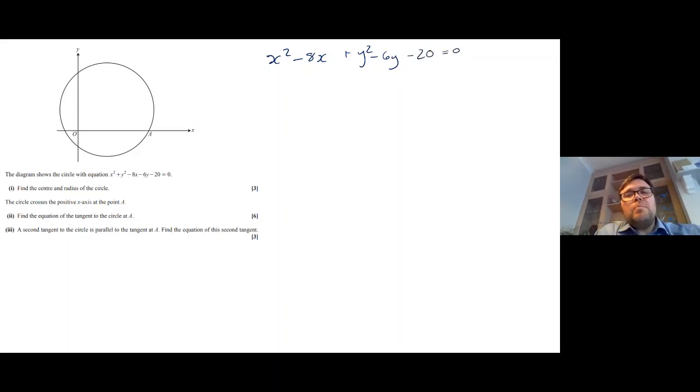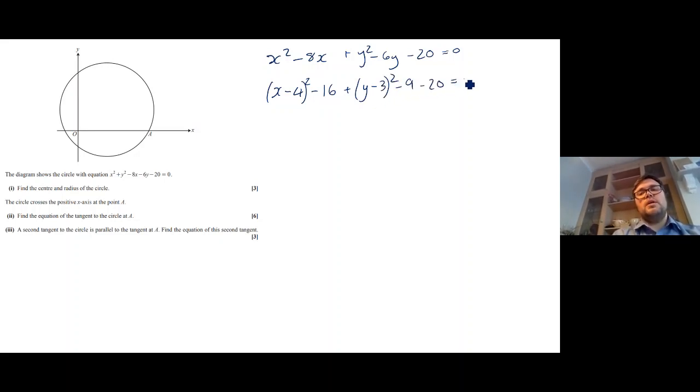If you remember about completing the square, you half it and minus that value squared is outside. So we've got x minus 4, half of 8 is 4, all squared, and then minus 16, because 4 squared is 16, plus y minus 3, all squared, minus 9, minus 20 equal to 0.